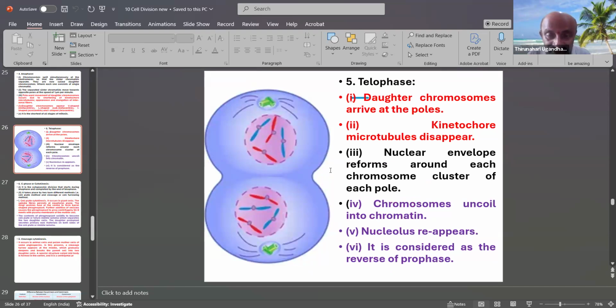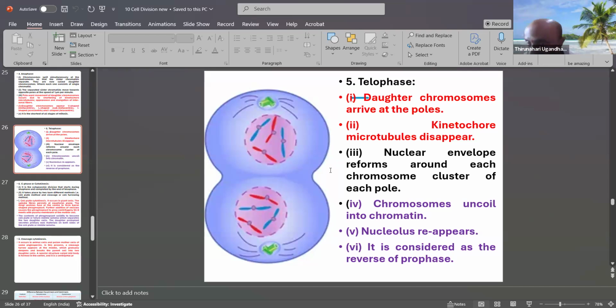Telo means the last part. The daughter chromosomes arrive at the poles. The middle part of the chromosomes is shifted to the poles. That is called telophase. The kinetochore microtubules disappear. The nuclear envelope reforms around each chromosome cluster at each pole.